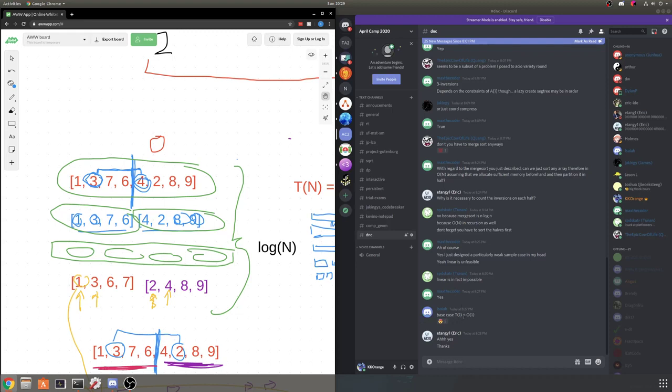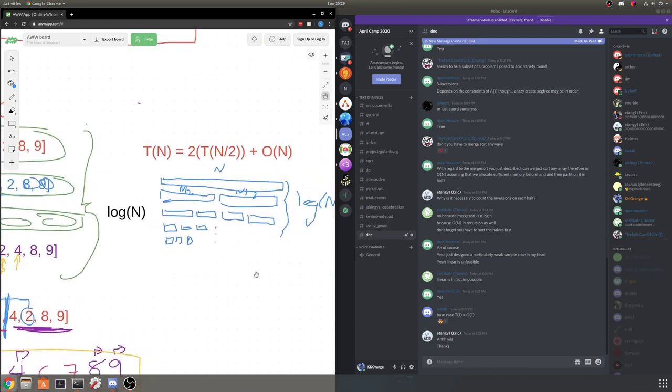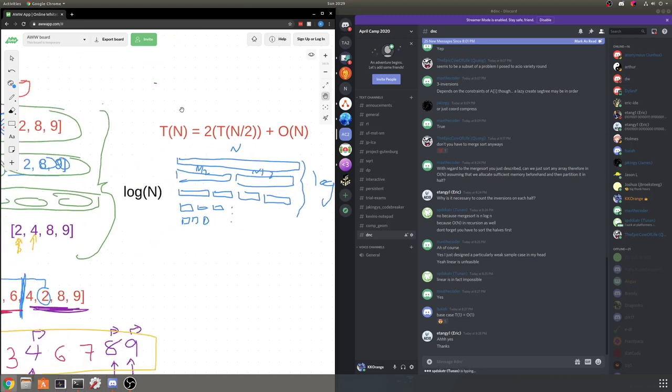Base case, T of 1 equals order 1. Is that true? Oh, I guess you're just saying that it's constant time once you get to a fixed constant size. That makes sense to me.